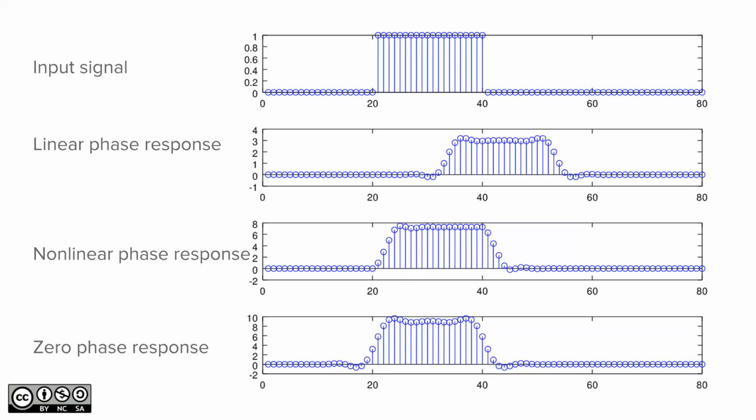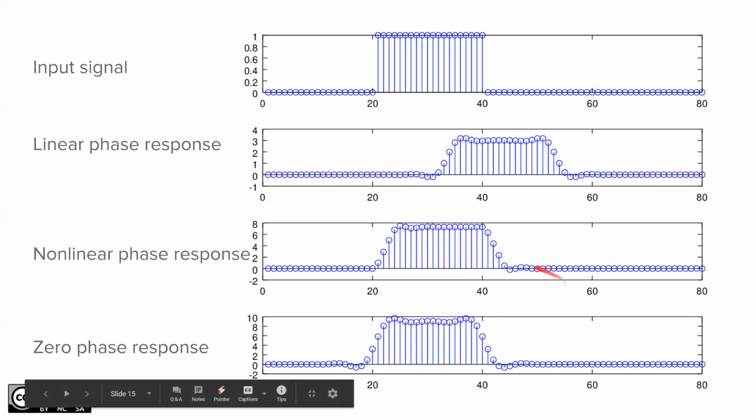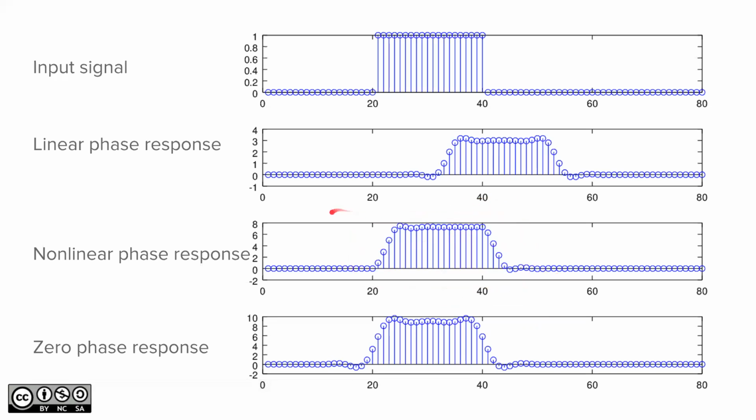Okay. So this is how natural systems usually behave. This symmetry is different. It's mirror symmetry, but it's mirror on the values. And here in linear phase response, we have mirror symmetry in time also.